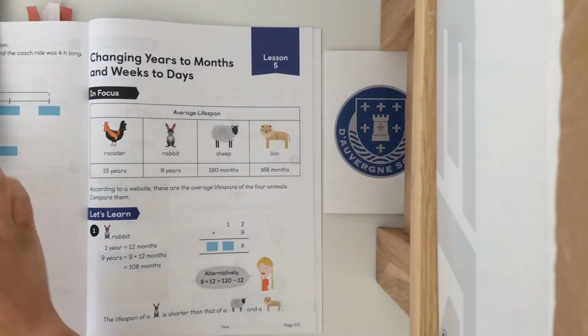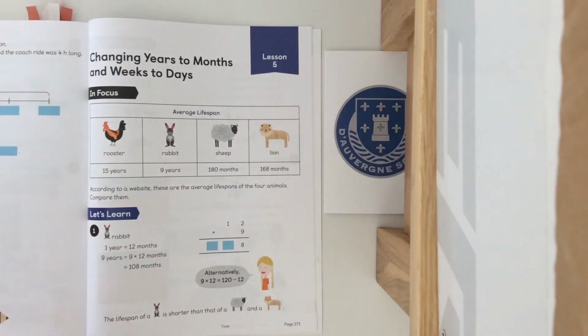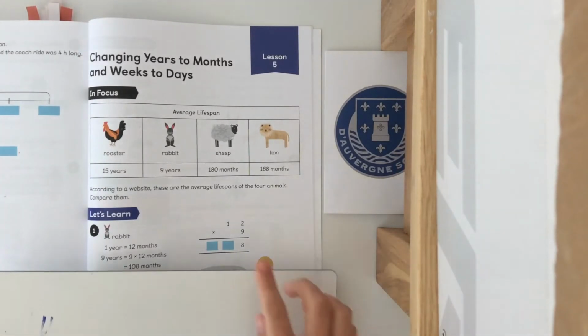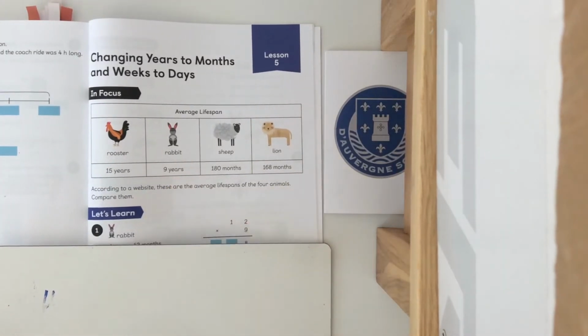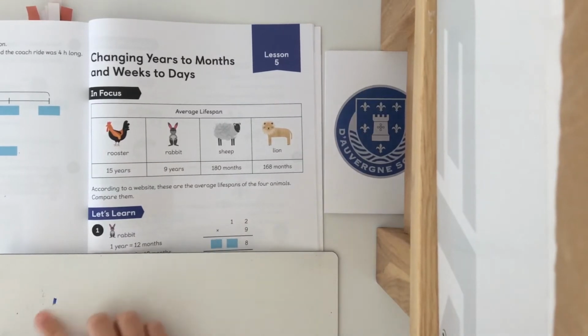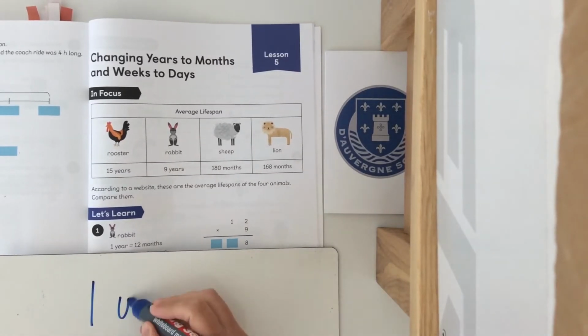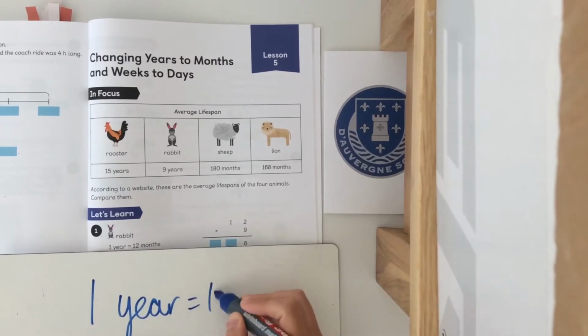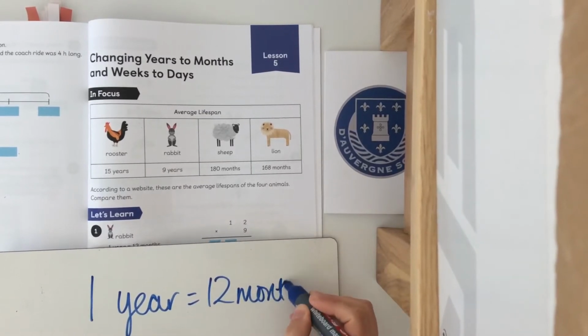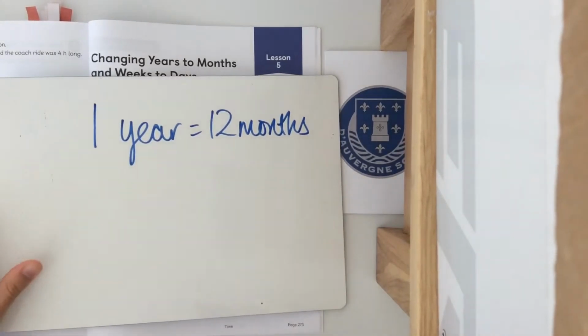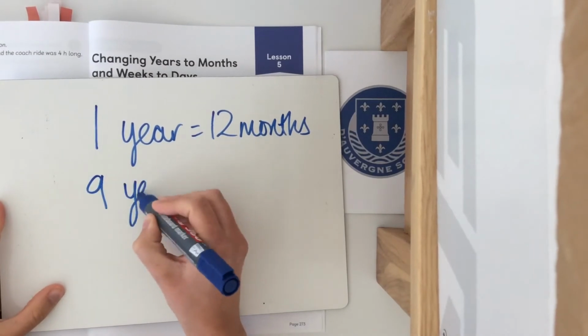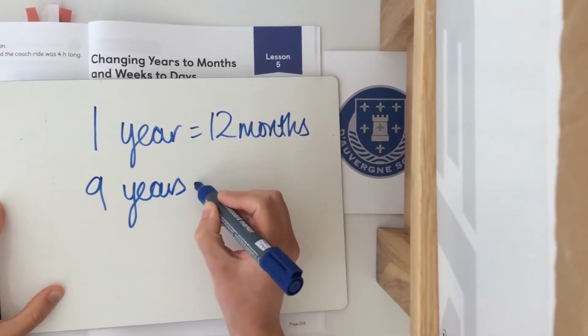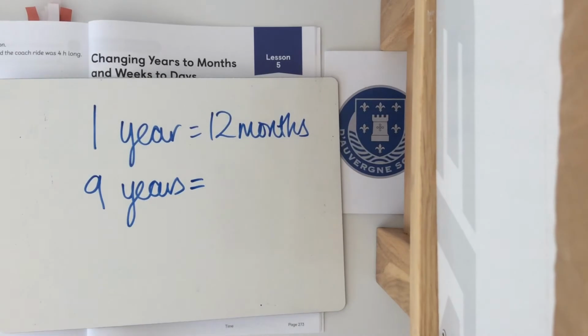So let's have a look at Let's Learn Once. 1. The rabbit lives for 9 years. So if 1 year equals 12 months, I would like you to have a go at working out how many months are in 9 years.